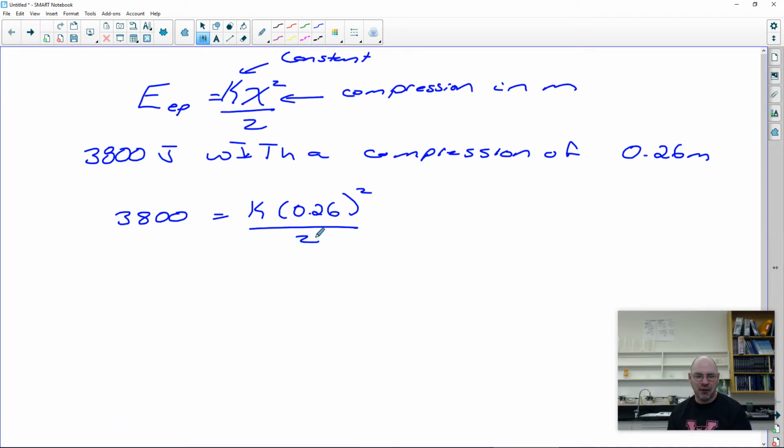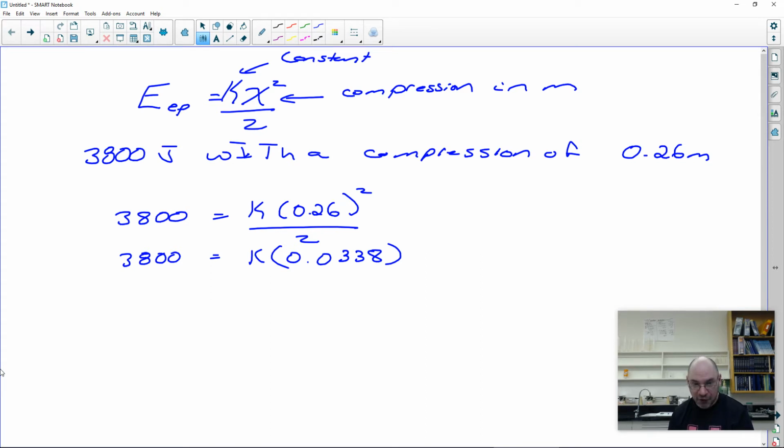So what we're going to do then is square the 0.26 and then divide it by 2. So 0.26 squared gives us 0.0676, and then we're going to divide it by 2. Then we get 0.0338 K. K times 0.0338. So then divide that out on both sides.